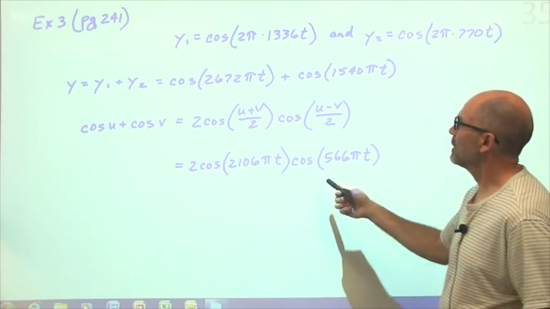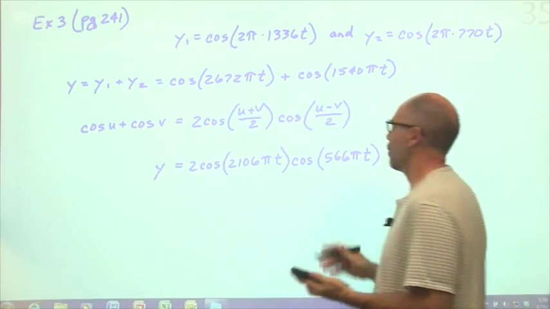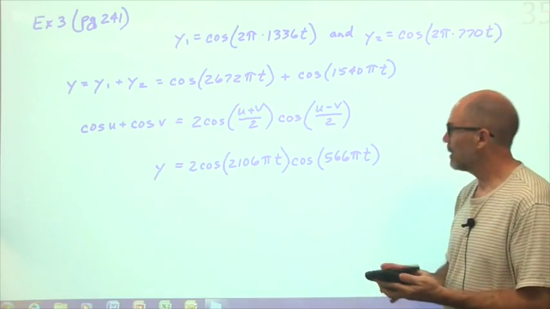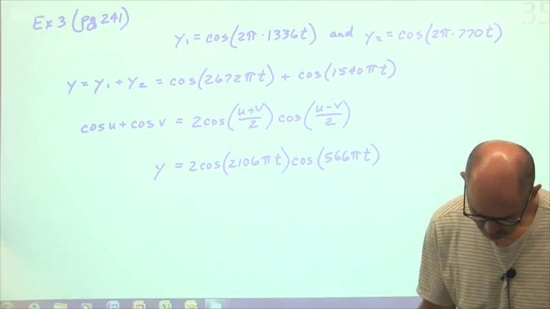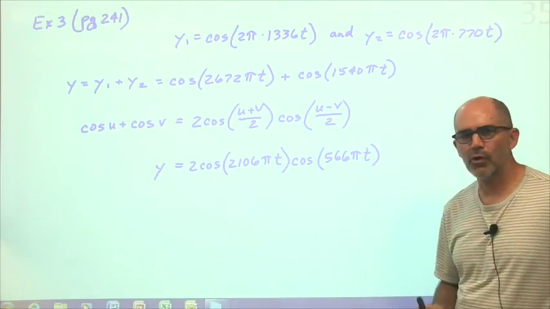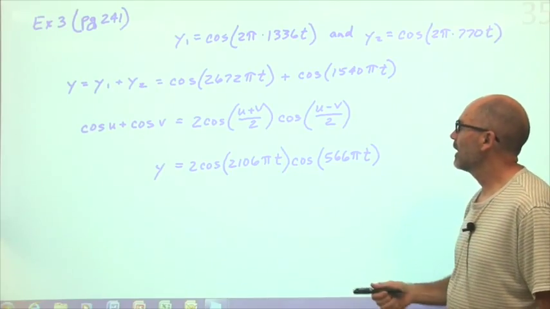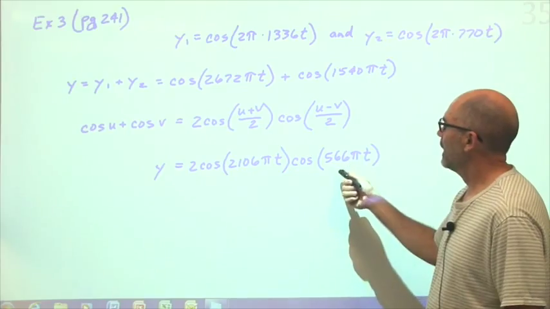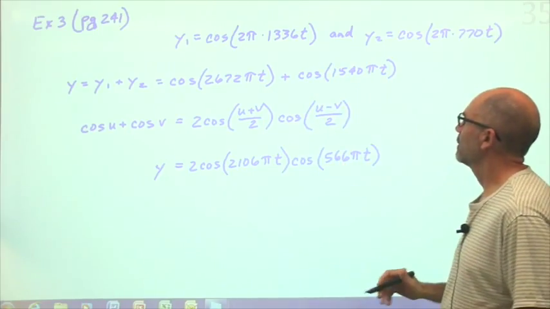So there is the waveform in the product form. Yeah, I guess all I had to do was look in the book instead of actually calculating it for myself. Okay, there we are, is your example going from a sum to a product.